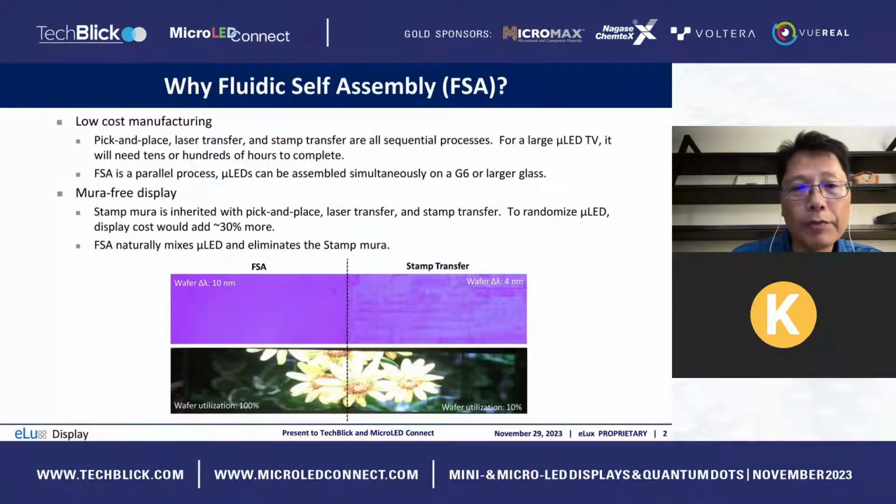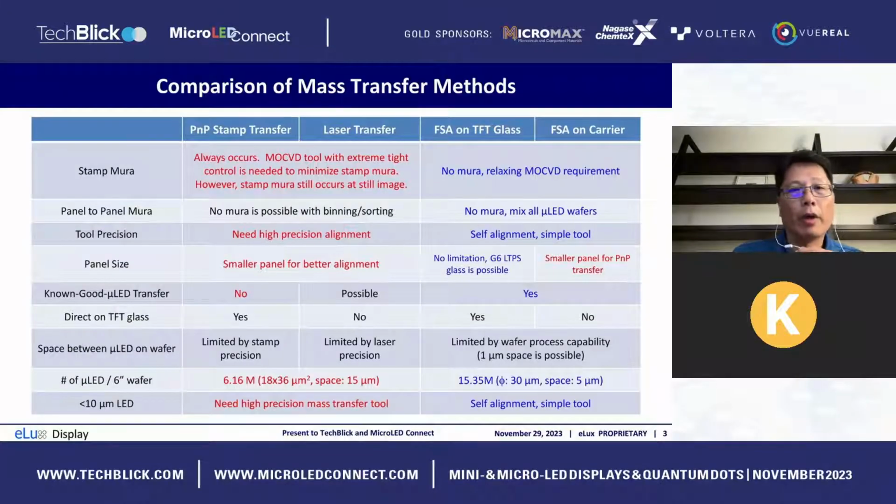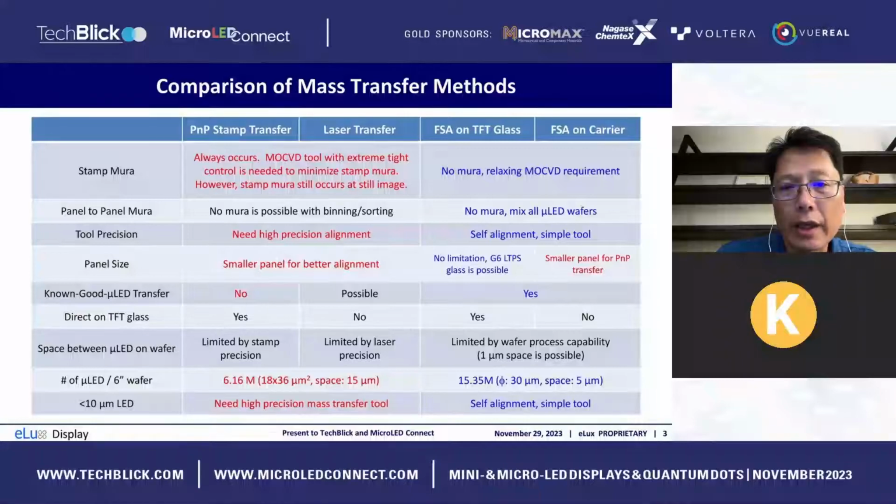Okay, let's compare the different mass transfer methods. The first one is stamp transfer and laser transfer. The last two are FSA, either directly on the TFT glass or on a carrier, from which we then transfer to the TFT glass later.